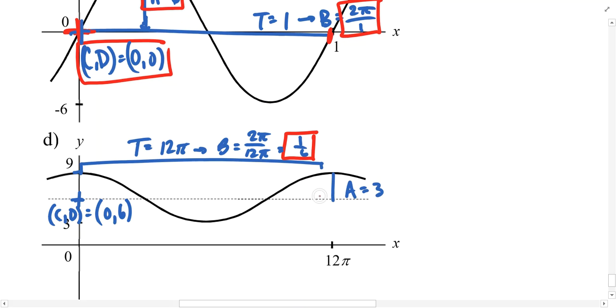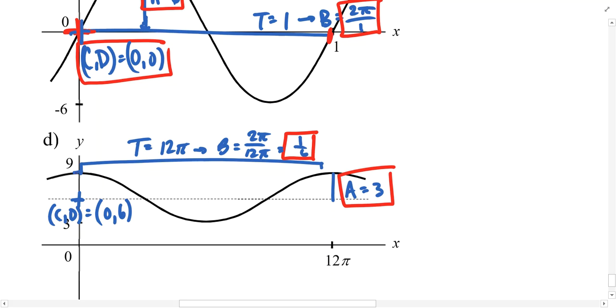The a value might be a little bit hard to see right away, but the scaling on the left helps. So from 3 to the midline to 9, if that was cut evenly, we'd have 3, 6, 9 units. So that tells me that this midline is 6. From 6 to 9 gives me an a value of 3.